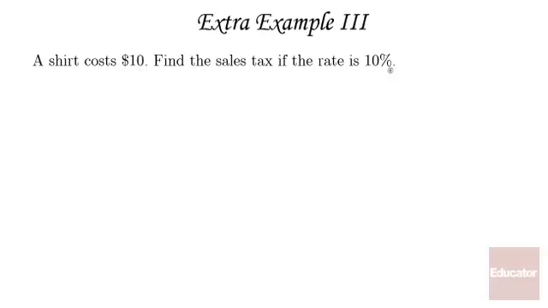To find how much the sales tax is going to be, I'm going to take that $10 and multiply it by the 10%, the sales tax rate. Again, I want to change this percent to a decimal, so 10% to decimal.